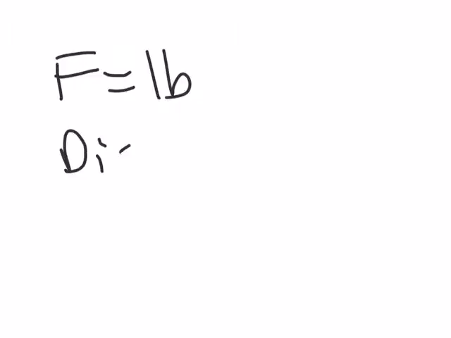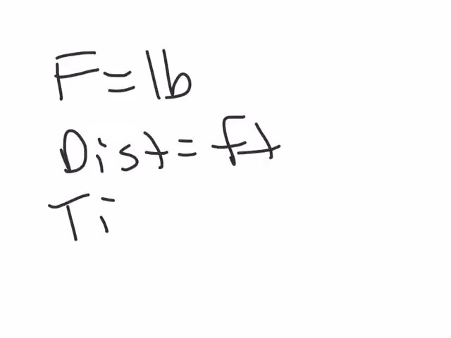You'll see on page 1 in chapter 1 some measurements for force. We're going to use the US system, so force is going to be in pounds. Distance will be in feet. And time will be in seconds.